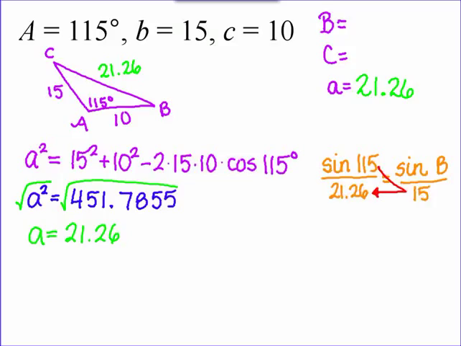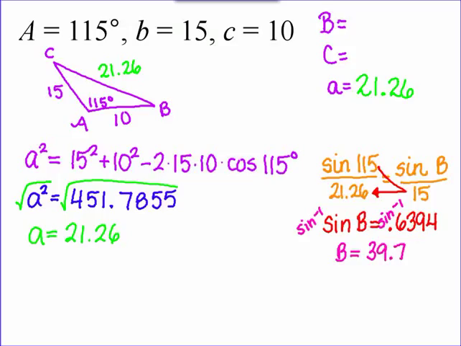Multiply, divide, so you get the sine of B to equal what? 0.6394. Now how do you solve that for angle B? Inverse sine. And so angle B comes out to be what? 39.75 degrees. So angle B is 39.75 degrees.